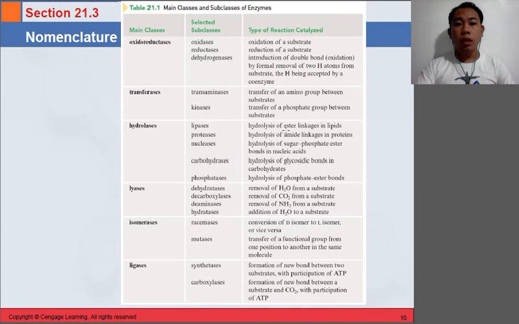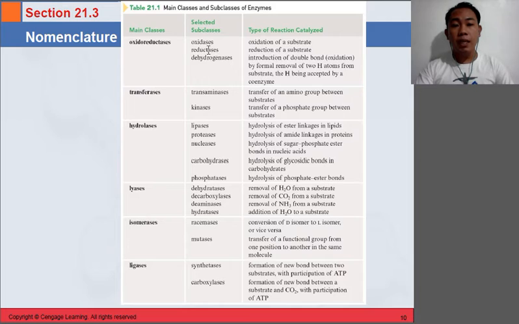In this table, it shows the different classes and subclasses of enzymes. Like for example, we have the oxidoreductases. The subclasses are oxidases, reductases, and dehydrogenases. When we say oxidases, the type of reaction it catalyzes is oxidation of the substrate.